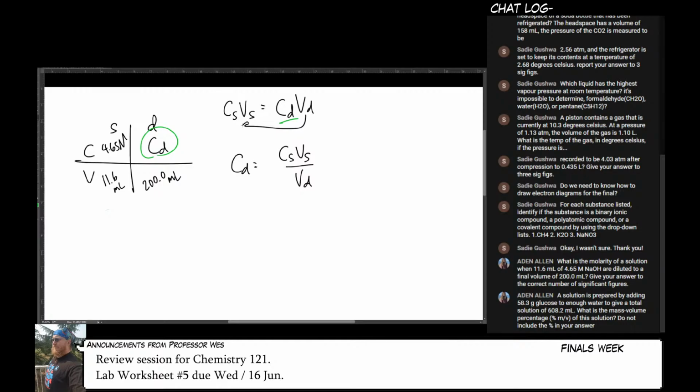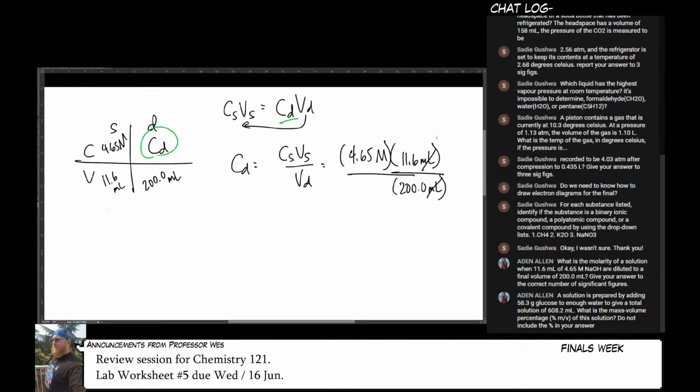We're just going to divide this guy over here, and then we'll punch in the numbers. So 4.65 moles per liter times the stock solution was 11.6 milliliters, and the dilute volume was 200 milliliters.